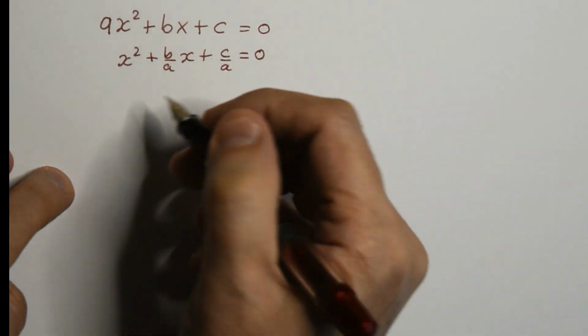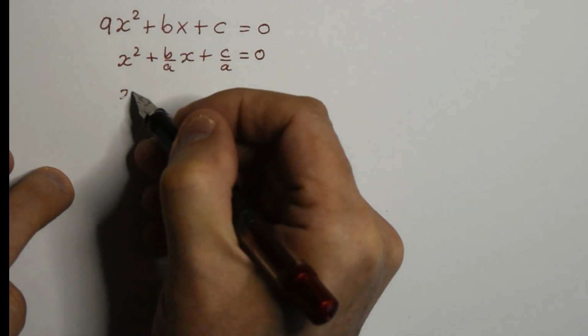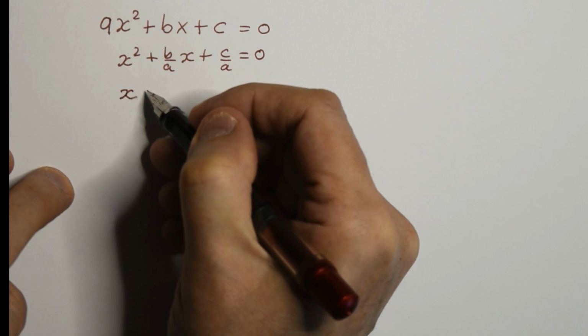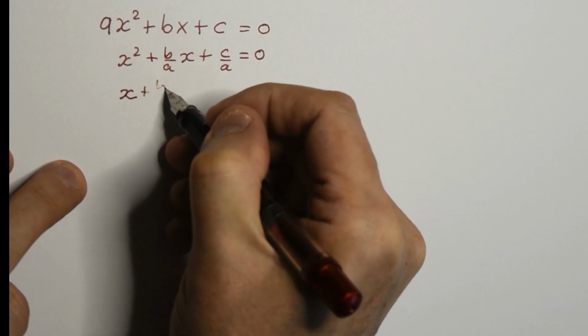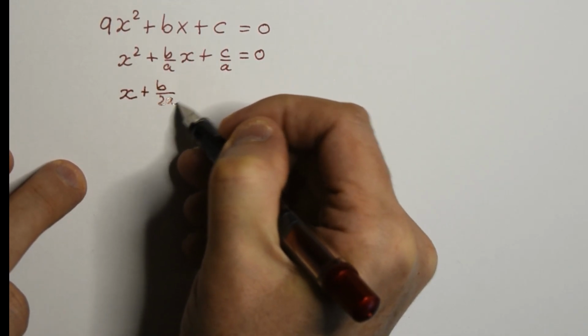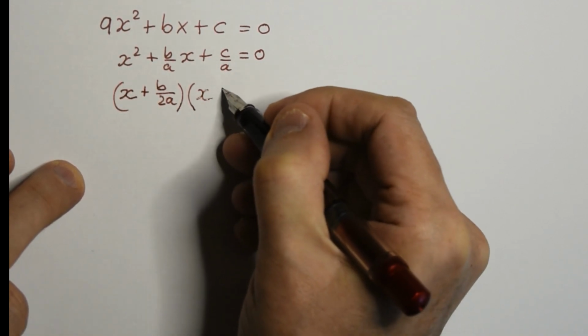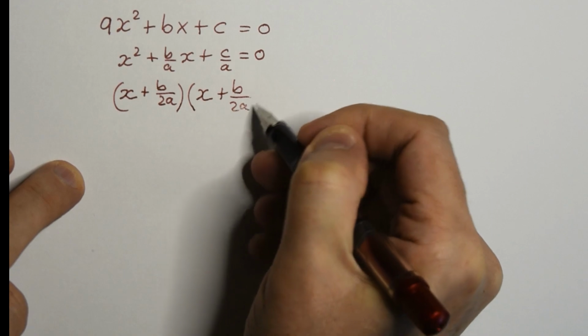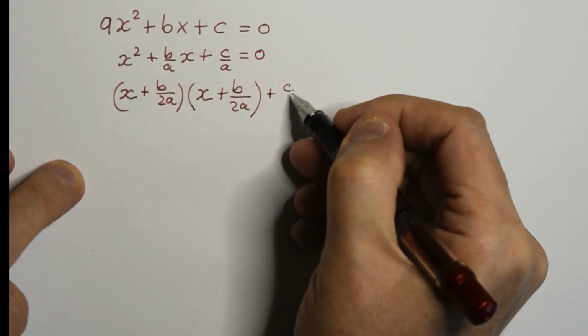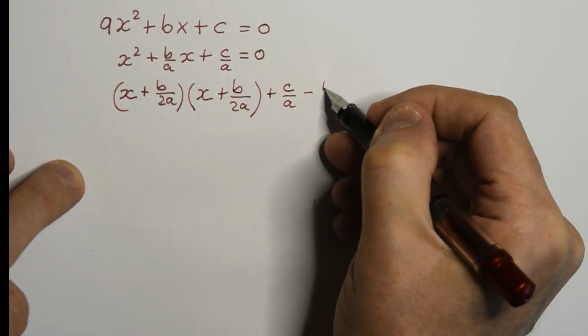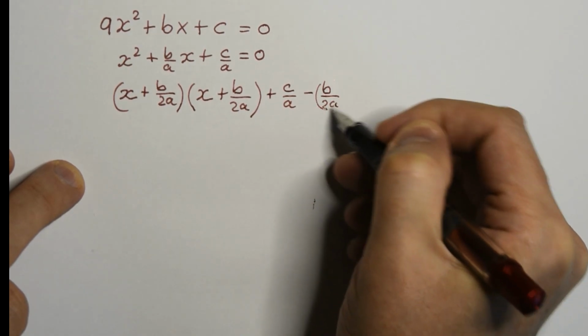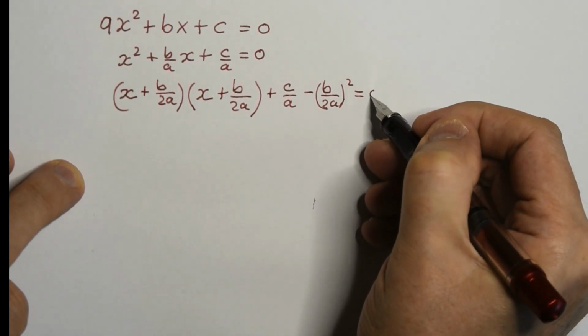So now we're going to write it as two linear forms multiplied together, which we can do. x plus b over 2a, squared, plus c over a minus b over 2a squared equals 0.